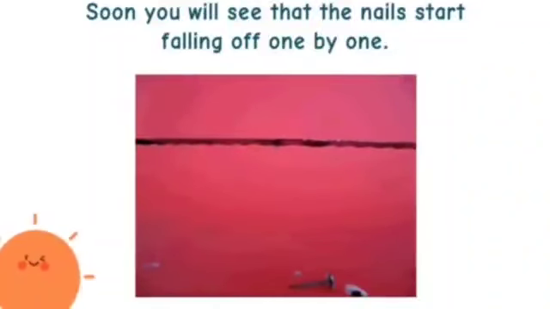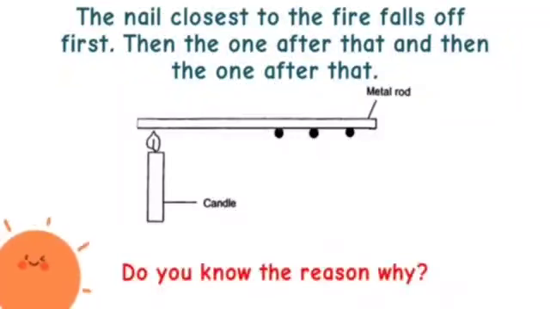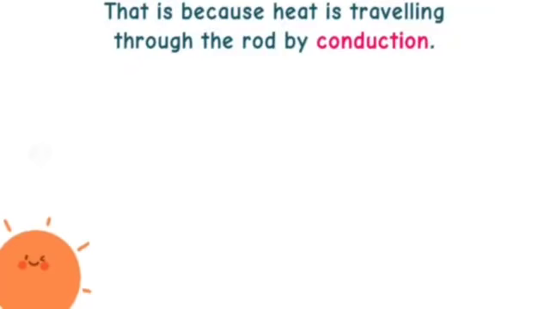The nail closest to the fire falls off first, then the one after that, and then the one after that. Do you know the reason why? That is because heat is traveling through the rod by conduction.